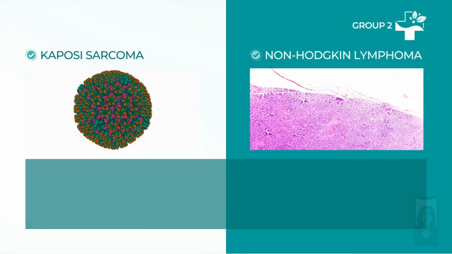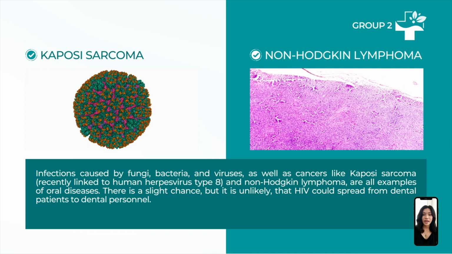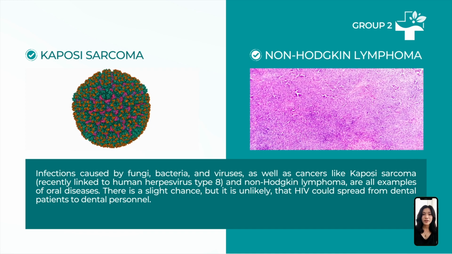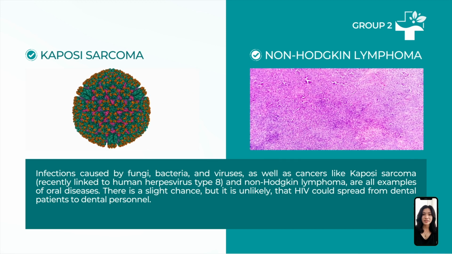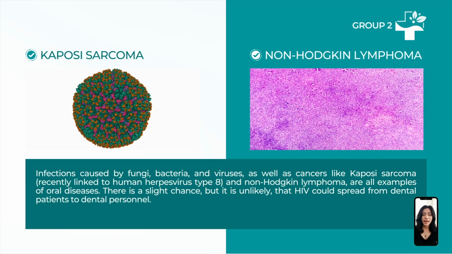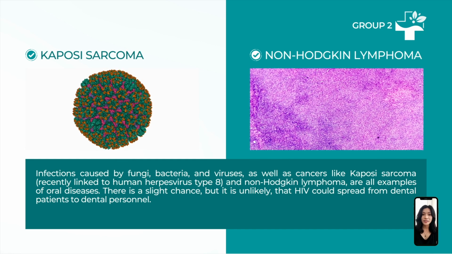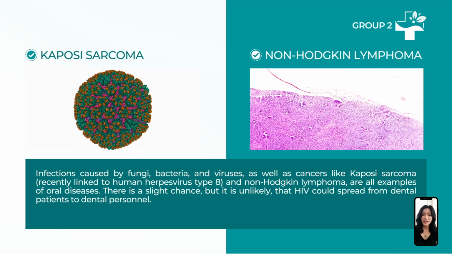Infection caused by fungi, bacteria, and viruses, as well as cancer like Kaposi sarcoma, recently linked to human herpes virus type 8, and non-Hodgkin lymphoma are all examples of oral disease. There is a slight chance, but it is unlikely that HIV could spread from dental patient to dental personnel.